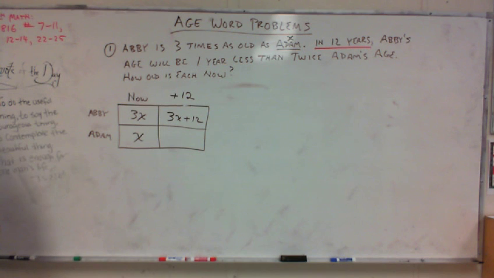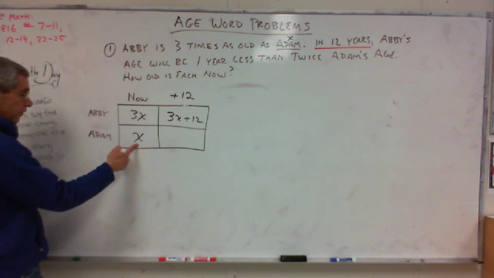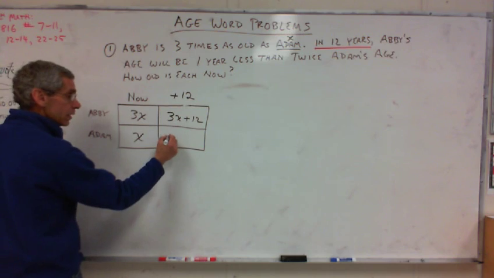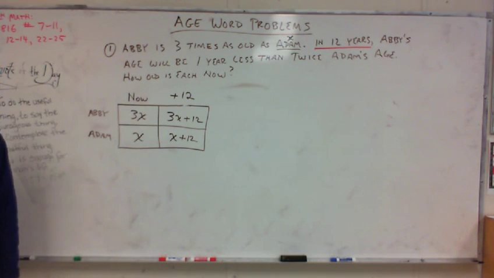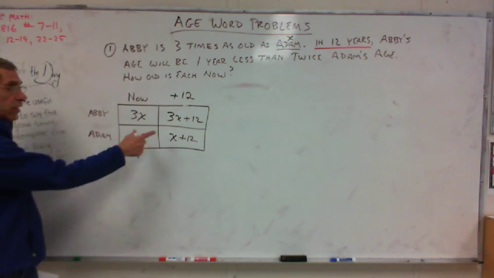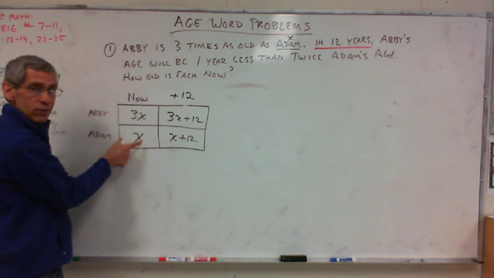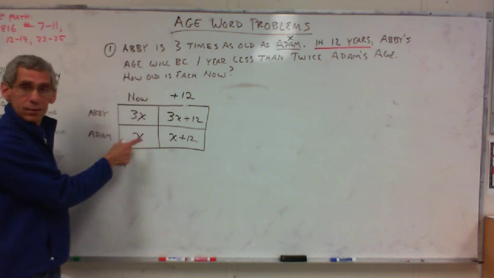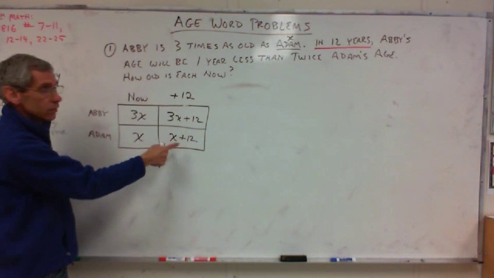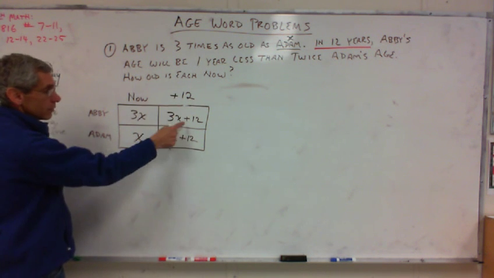Doesn't that make sense? It's logical. If Adam is x now, in 12 years he's going to be x plus 12. Makes sense, right? So this column is so easy. Once you have the first column, this is the easy part. You just add 12 to this column.